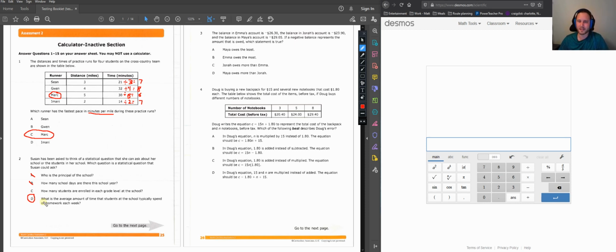For number 3, the balance in Emma's bank account is negative $26.30. Jonah's account, negative $23.90. And Maya's account, negative $29.05. If the negative balance represents the amount that is owed, what statement is true?